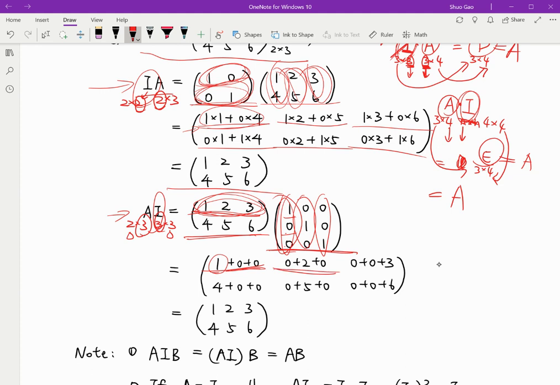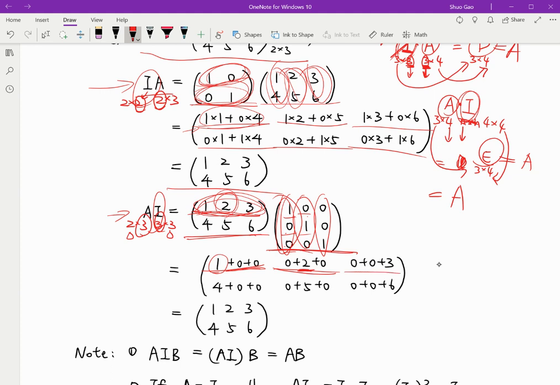And when we calculate the second element, the first position and the third position are 0. So 1 and 3 are cancelled. So only the second position, which is 2, is multiplied by 1 here. So 1 times 0 plus 2 times 1 plus 3 times 0. The result is the second element here. Only the second element remains.